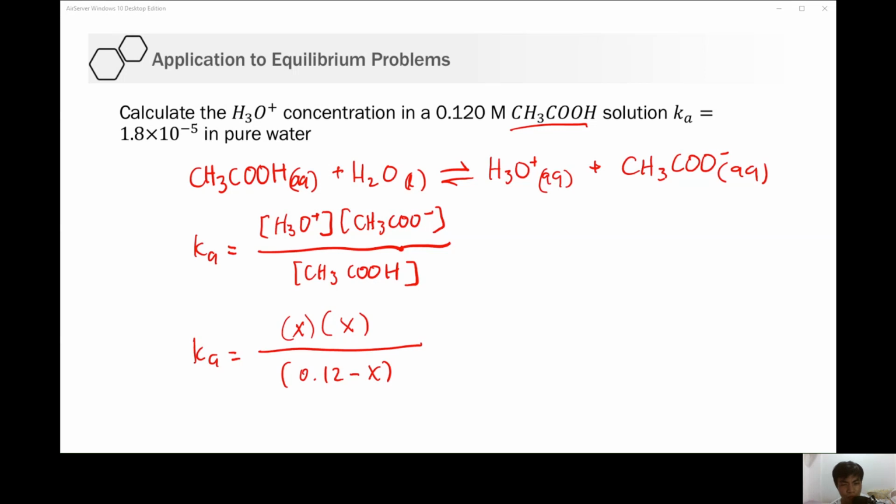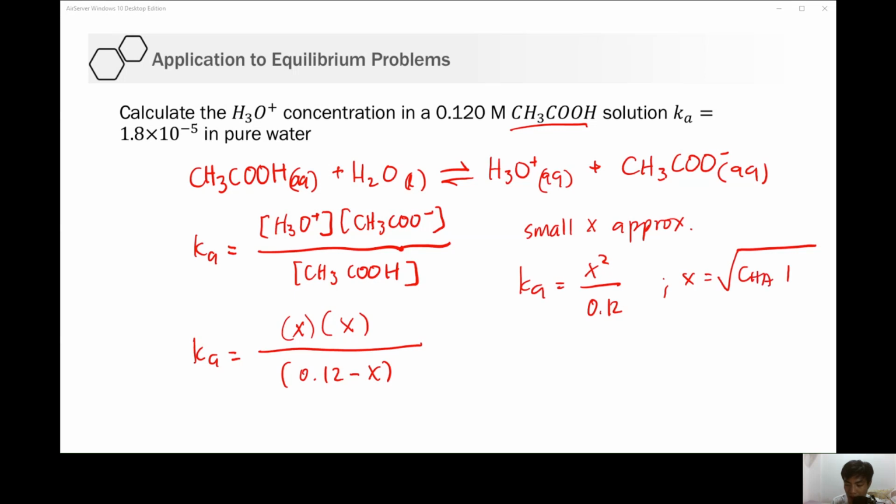This problem qualifies, so that will prevent me from using the quadratic equation. I can simplify this equation as x squared divided by 0.12. To solve for x, that will just be the square root of the concentration of acid times the Ka. I call it the square root of Chaka. My laboratory students know that, so hopefully you also know this.